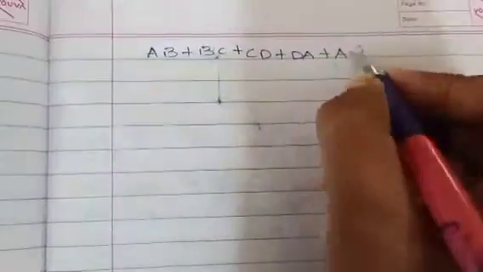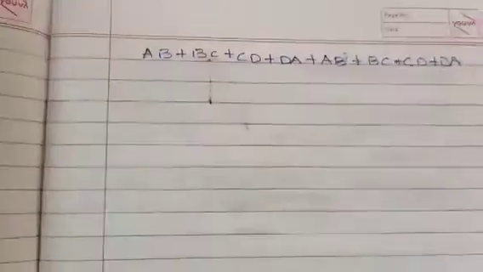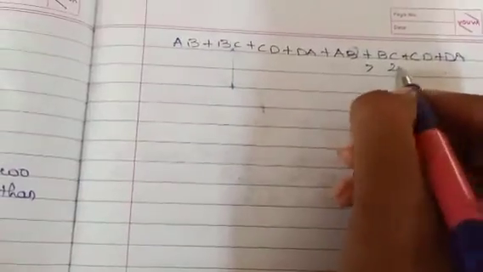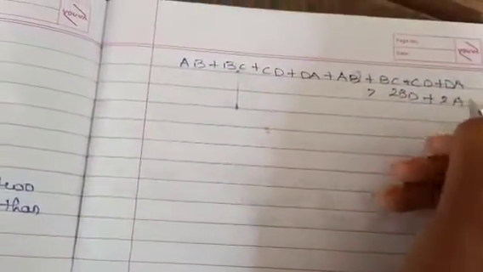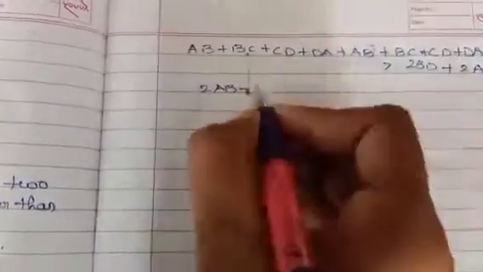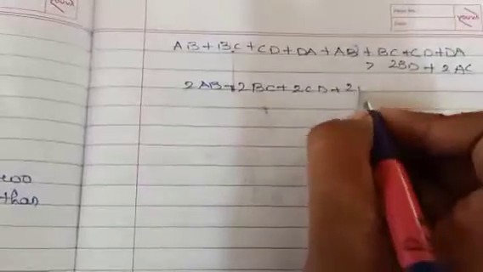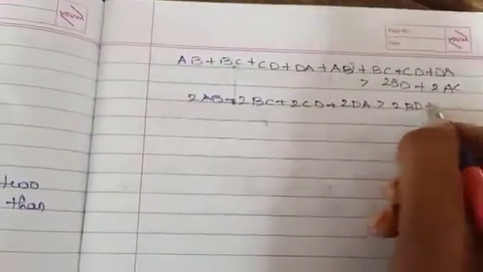Then what will come? First add: AB plus BC plus CD plus DA plus AB plus BC plus CD plus DA greater than 2BD plus 2AC. So AB and AB is 2AB, plus BC and BC is 2BC, plus CD and CD is 2CD, plus DA and DA is 2DA, greater than 2BD plus 2AC.